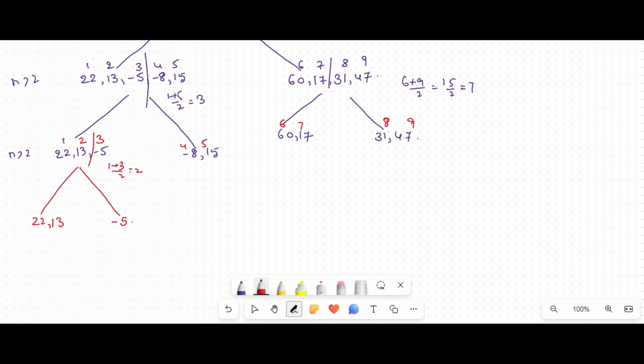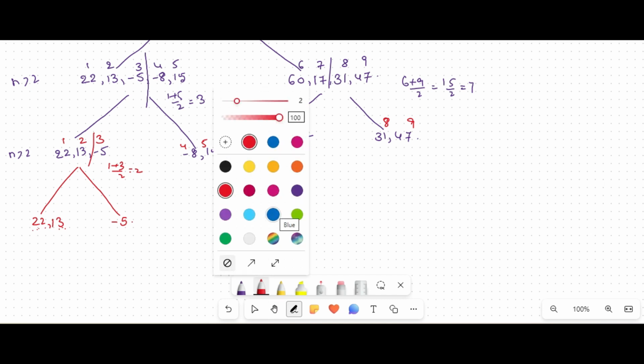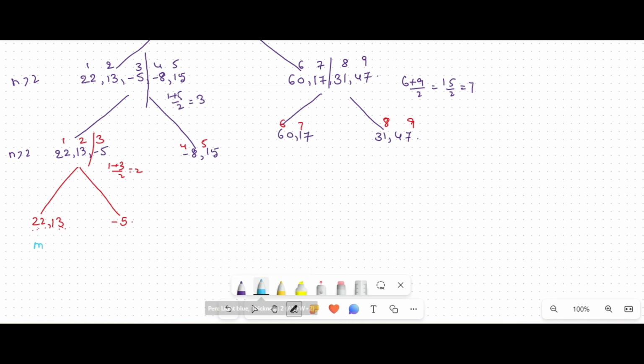Now what we have to do is, so what I said here, if two elements are there, compare these two. So 22 less than 13, condition is not satisfied. So here minimum equal to 13, maximum equal to 22.